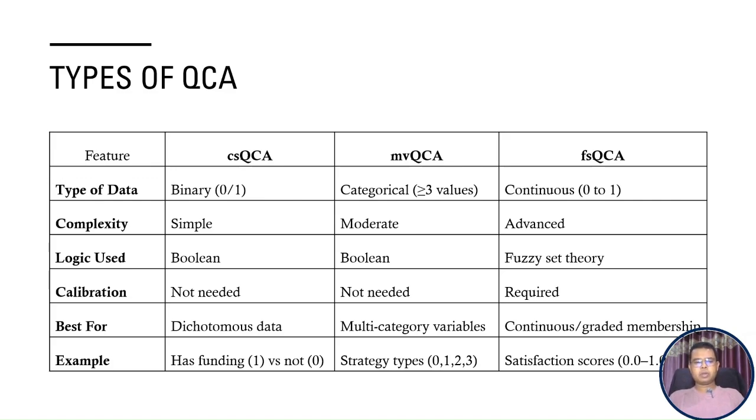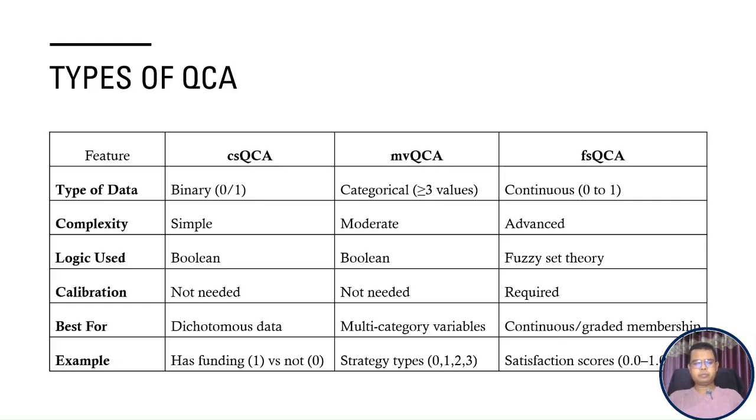So which types of data are appropriate for csQCA, MVQCA, and fsQCA? Dichotomous data is appropriate for csQCA, multi-category data is appropriate for MVQCA, and fsQCA can handle continuous data.